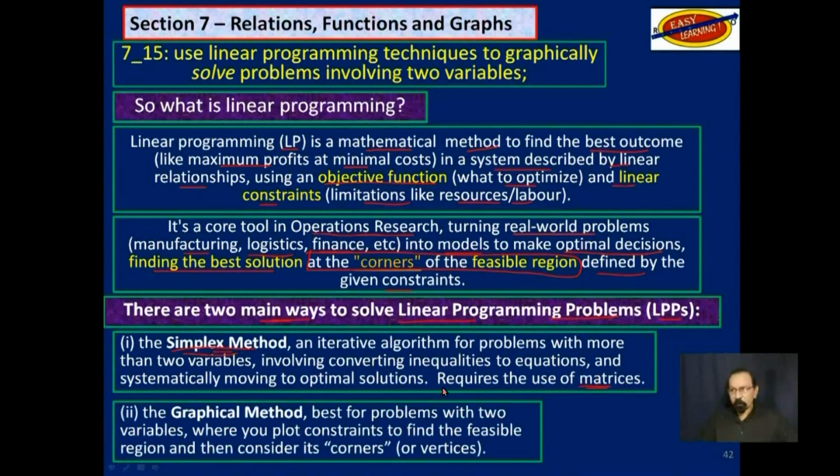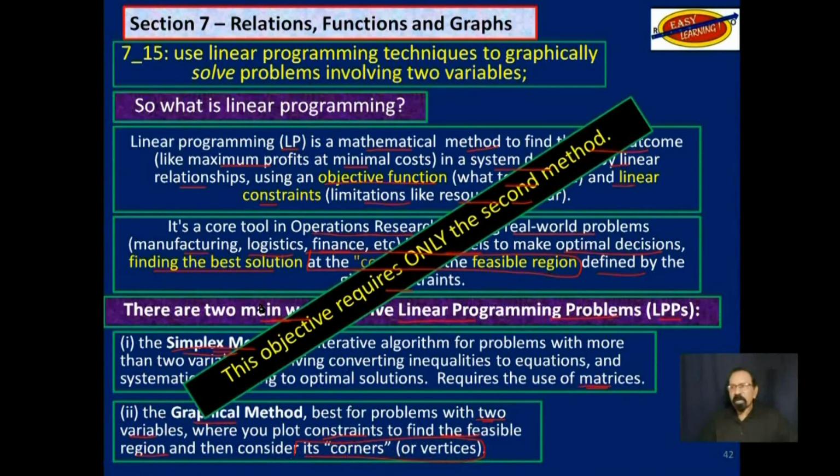So the other one is the graphical method, and this is best for problems with two variables, where you plot the constraints to find the feasible region and then consider its corners or vertices for the best possible outcome. Now, this objective requires only the second method. So this first method here, don't even think about it. This is the one we will be dealing with.